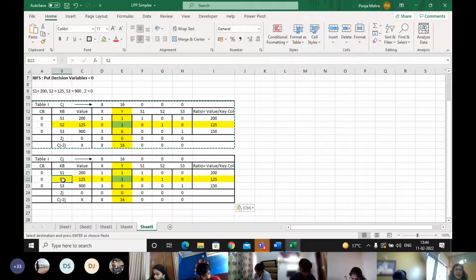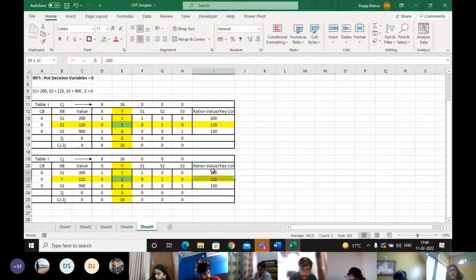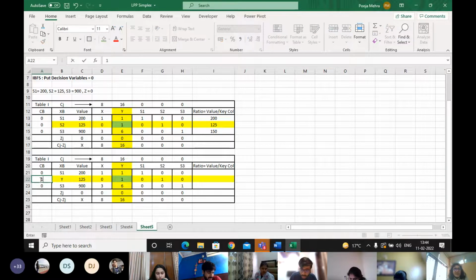Here I am going to write y, and this row we need to divide, 125 divided by the key element, so it remains the same. All right. So here is the value 16. Rest everything is okay.